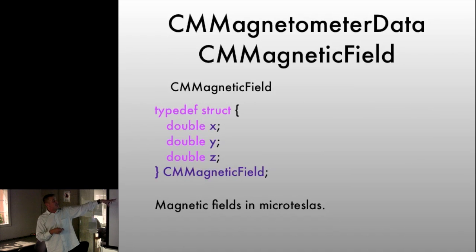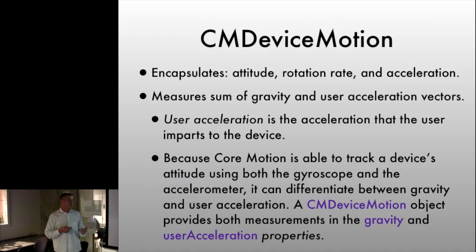So it's the magnetic field in X, Y, and Z in microteslas. It's actually pretty cool to print the values out as you move the device around and watch how quickly this responds and at what precision this is recorded. You can also look at the difference between polling and getting updates at a specific interval.